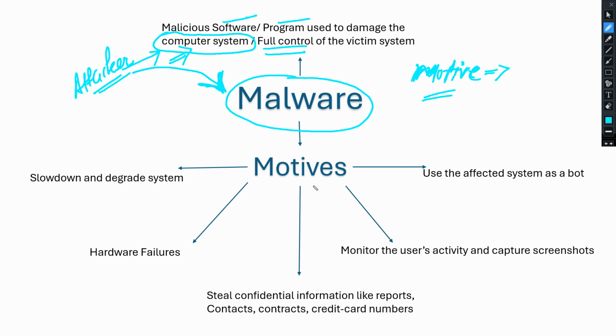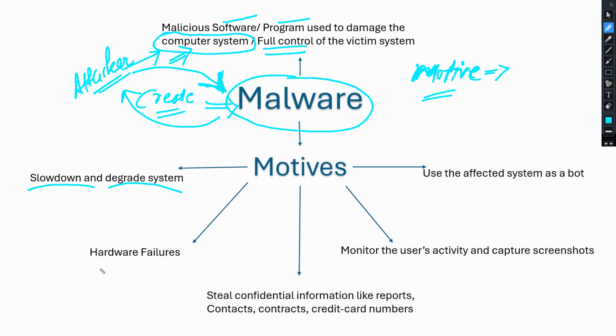So first is attacker motives. The attacker creates malware, and the motive of attack, I don't want to say the motive of malware, I want to say the motive of attackers through malware, are: slow down and degrade systems, like consume all the resources and slow down the system.